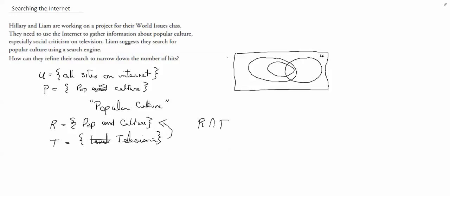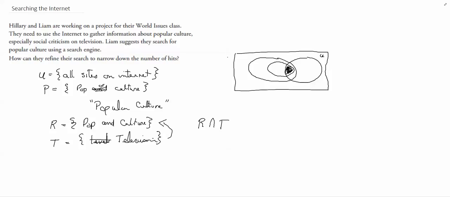And so we have this spot where they all overlap. And we have narrowed our search down so that we get quite a bit fewer. Then you might add on words like social criticism and television shows, and you could reduce it to an even smaller amount.